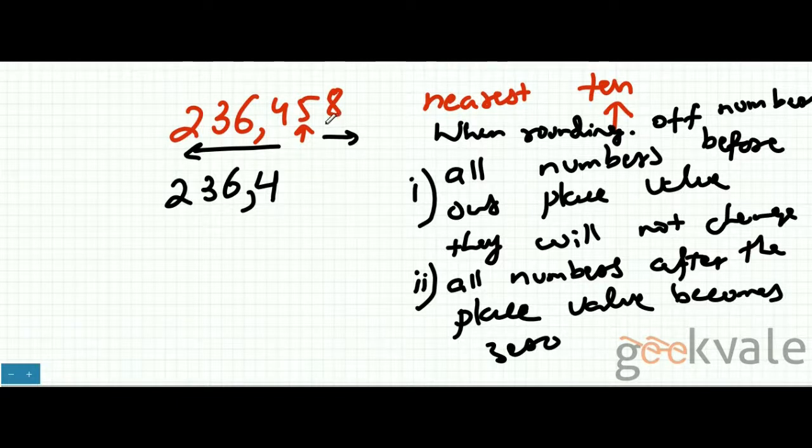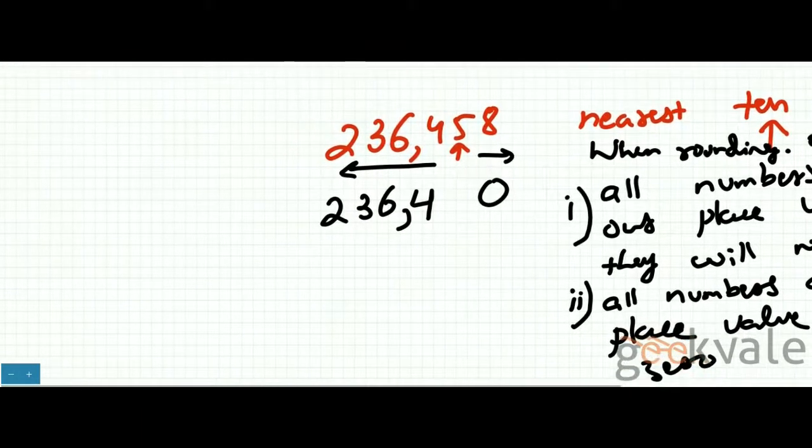So we just write down this one. There's only one digit appearing after this 5, which is our place value. We're rounding to the nearest 10, so it will become 0. Now, whether this 5 will stay as it is or change is decided by this 8.